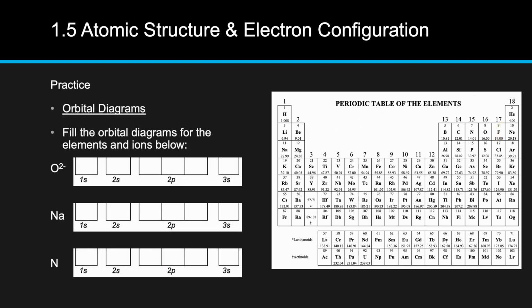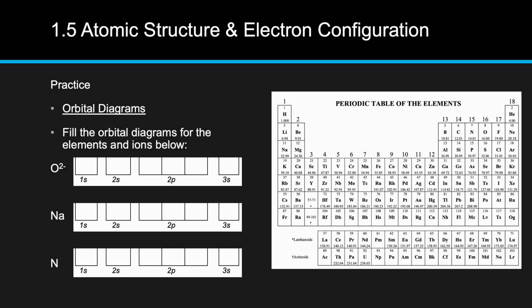All right, and then before we move on, I want to briefly go over how to fill the orbital diagrams, specifically the sublevels with multiple orbitals like p, d, and f. So first we have the oxygen ion, O2 minus. So that means it's going to have the same electron configuration as neon because it gained 2 electrons.